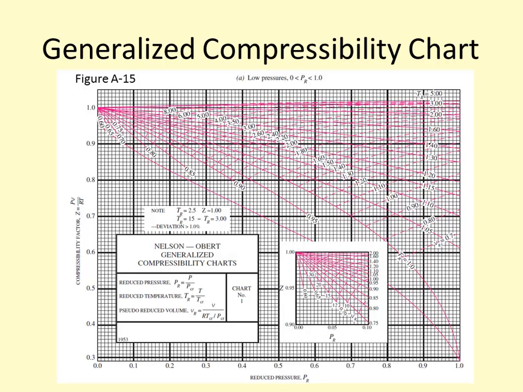And then we follow that line up until we encounter T sub R, and we'll just say we calculated it as 1.0. So right here where those two lines intersect, we go over to this side of the chart and read a Z value of 0.7. So again, if our reduced pressure is 0.7 and our reduced temperature is 1.0, then we just find where they intersect to read the Z value off the chart.